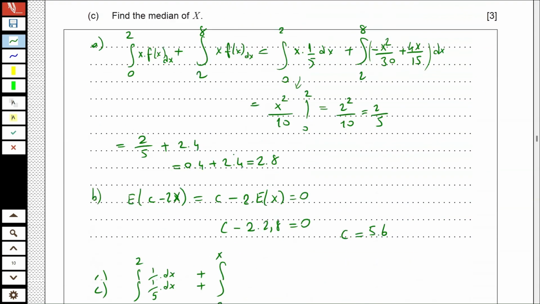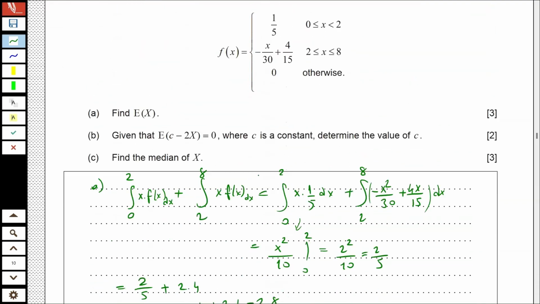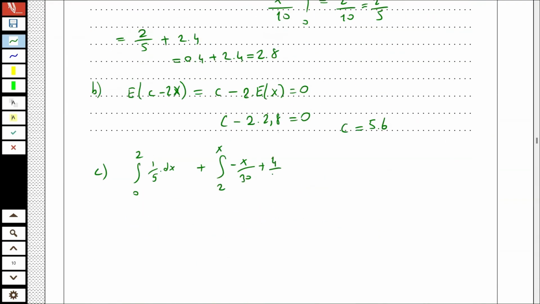And the function here, minus x over 30 plus 4 over 15 dx, needs to be 1 over 2, right?